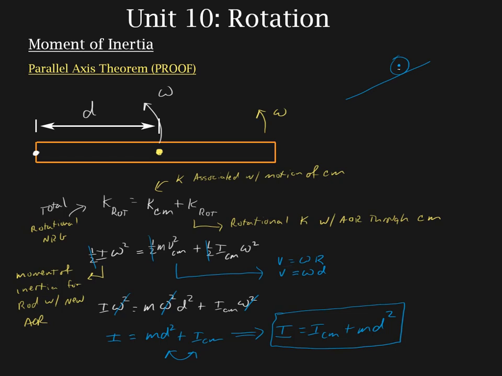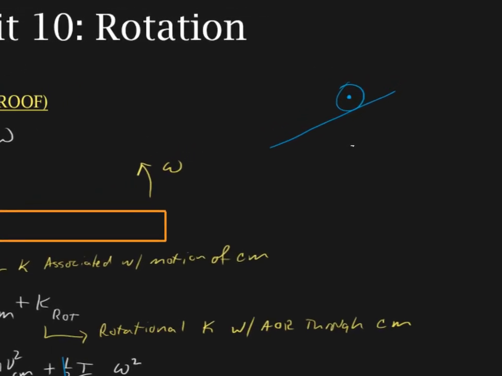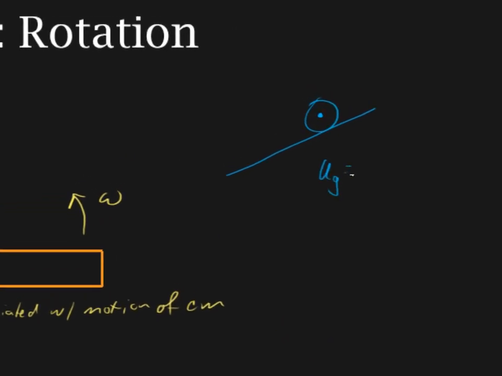That makes sense because clearly there's a rotation there. In this scenario, for doing conservation, you would say that all of the gravitational potential energy is equal to the translational kinetic energy plus the rotational kinetic energy of the ball.